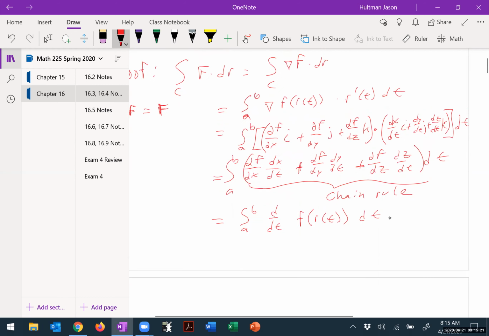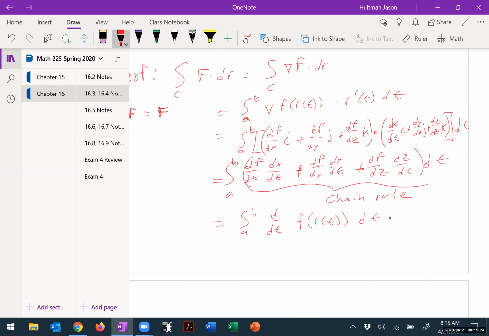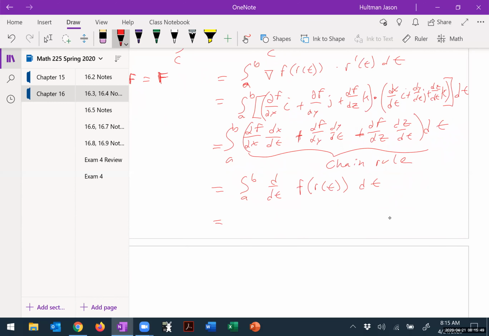If I were to take the derivative of this, it would become the derivative on t of f with respect to the x, y, and z components of f of r of t. And this is equal to, by the fundamental theorem of calculus, we're taking the derivative and the antiderivative.